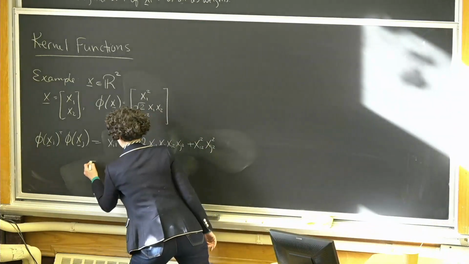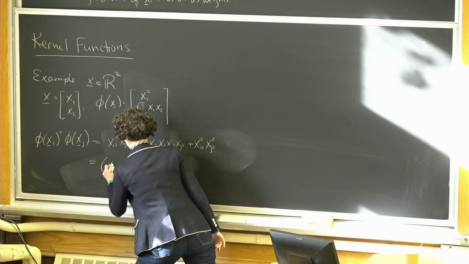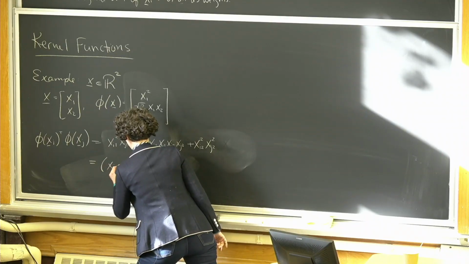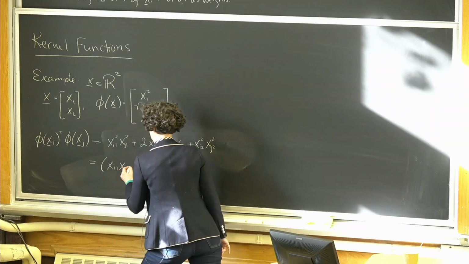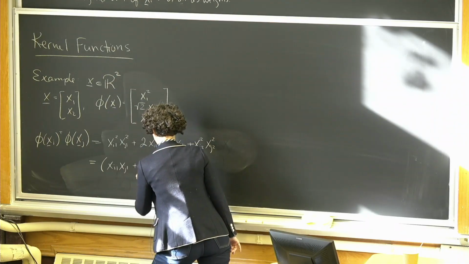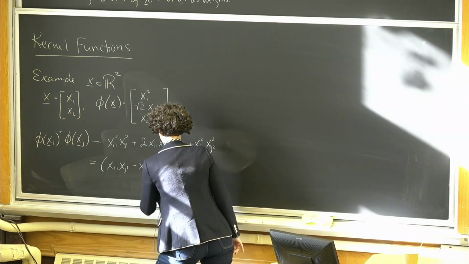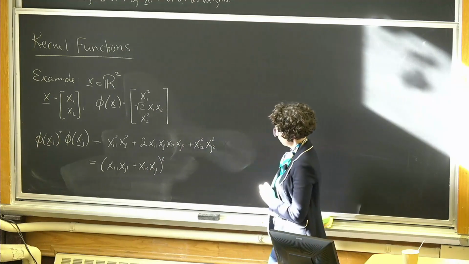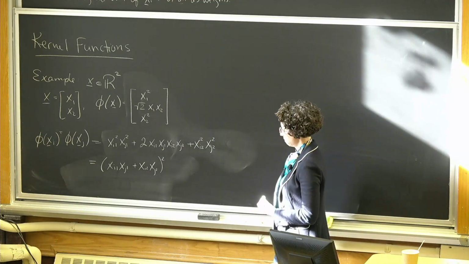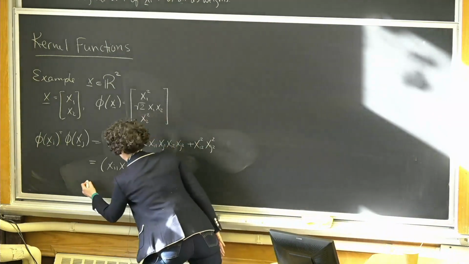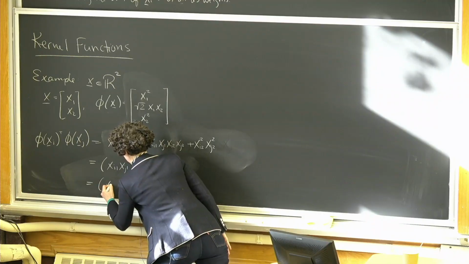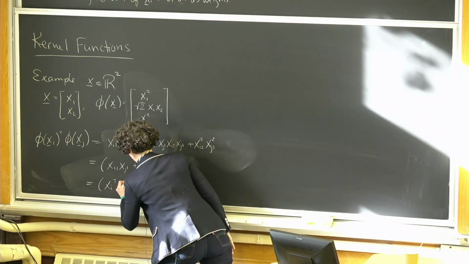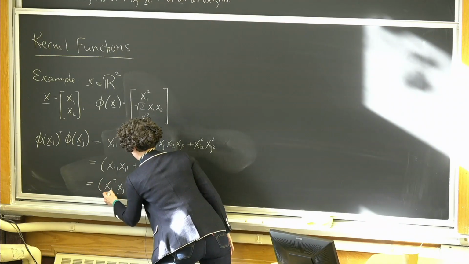Now, this is the same as the quantity xi1 xj1 plus xi2 xj2, squared. And this is the same as xi transpose xj, quantity squared.